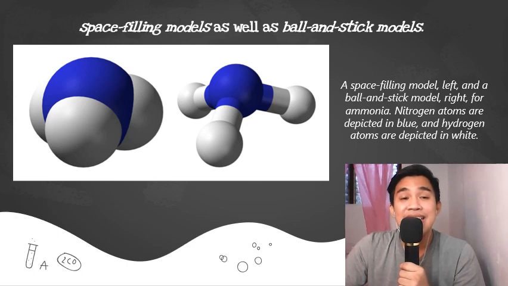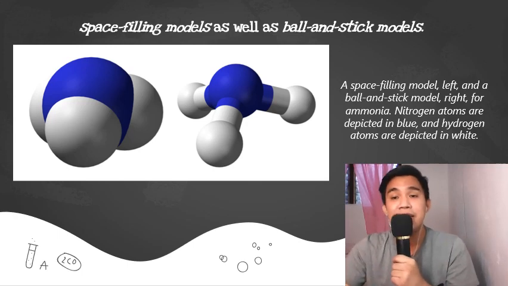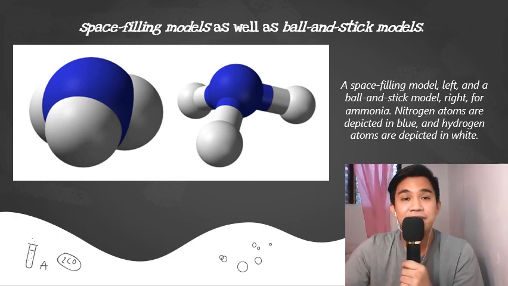This is an example of a space-filling model, which can be found on the left side of the picture, and a ball and stick model on the right for ammonia. Nitrogen atoms are depicted in blue and hydrogen atoms are depicted in white.